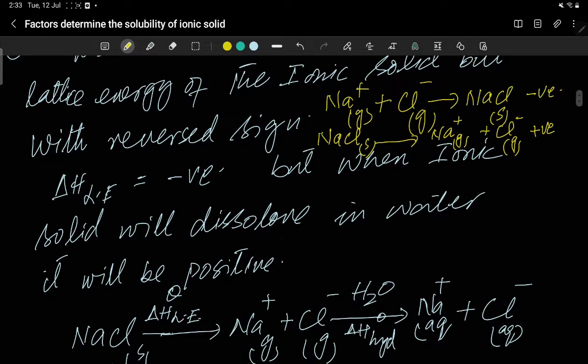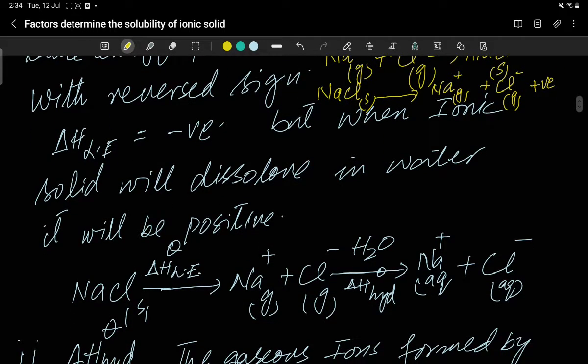Before dissolving, the ionic solid first dissociates into sodium gaseous ion and chloride gaseous ion. So that's why it is an endothermic reaction and its enthalpy change is positive, but it is equal to the lattice energy, and lattice energy is negative, but in this case the sign is reversed.